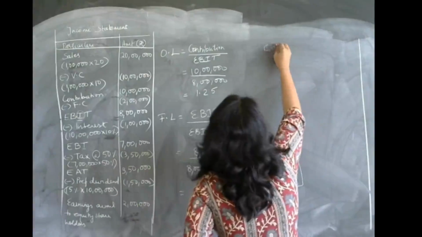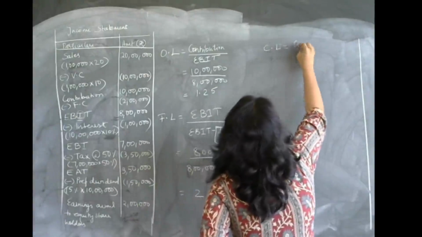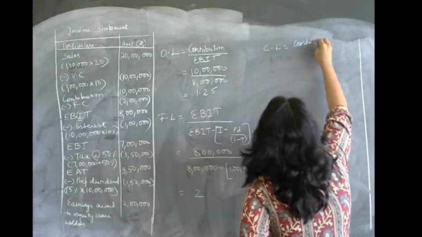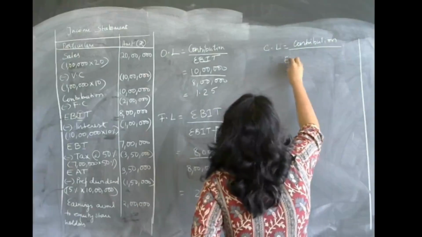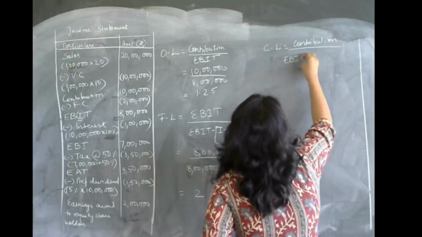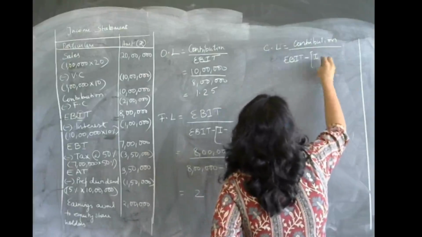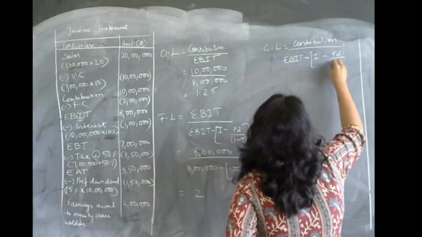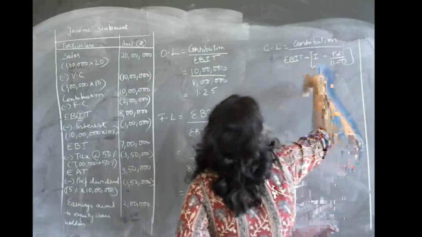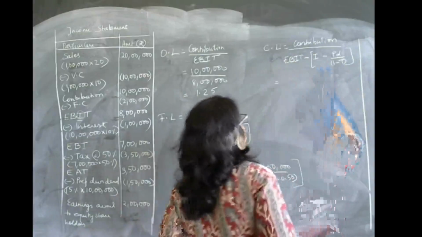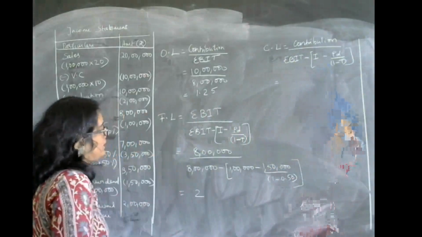Combined leverage is what? It is contribution divided by EBIT minus interest minus preference dividend divided by 1 minus tax. So this is the case. So contribution is how much?